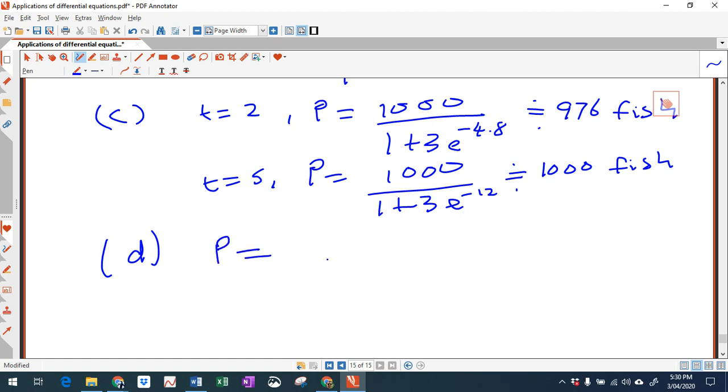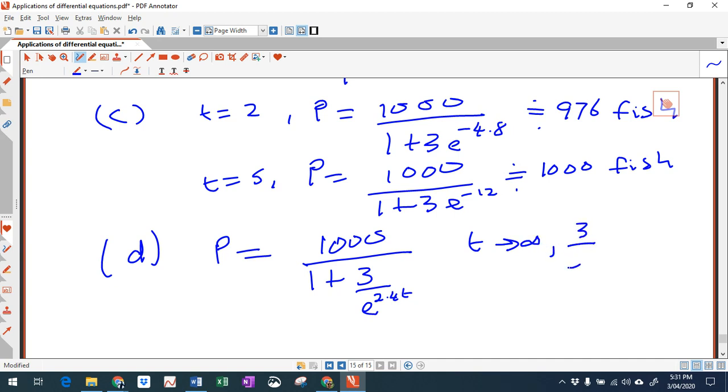P is equal to 1,000 over, now I'm going to write the equation as 1 plus 3 on E to the 2.4T, because as T approaches infinity, 3 on E to the 2.4T will approach 0.